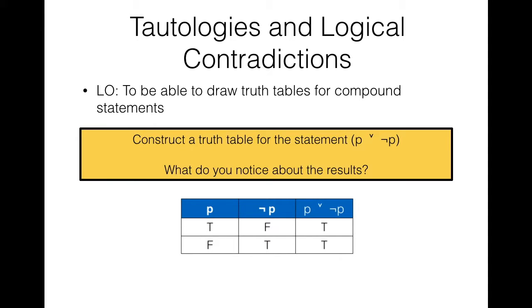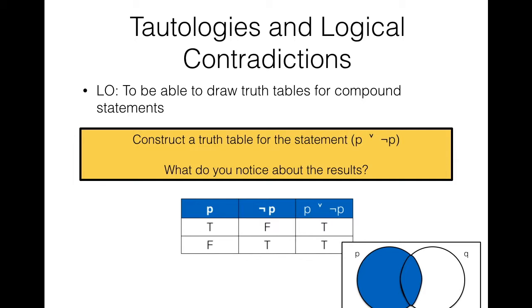Okay, so let's have a look then at what this truth table would look like as a Venn diagram. So first of all, let's imagine P. A Venn diagram where just P is true would look like this.